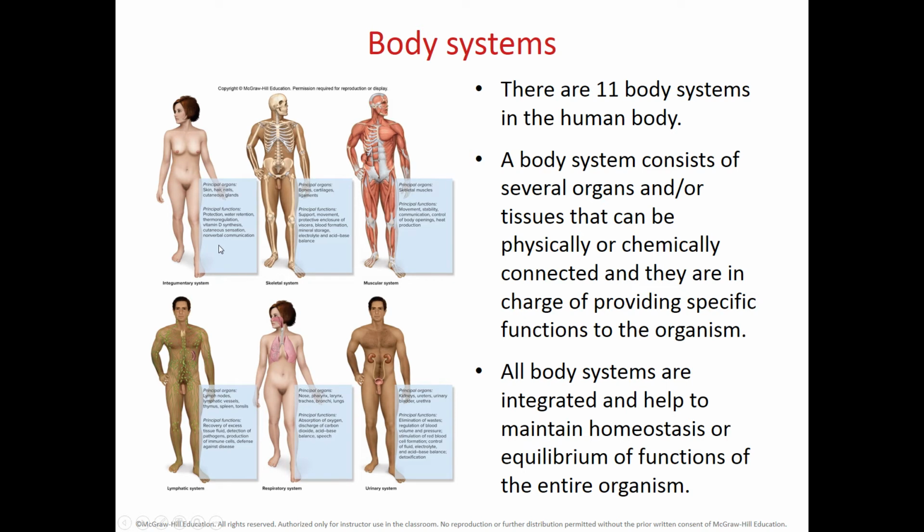The main functions of this integumentary system are to protect our internal organs, to help us retain water so we don't dehydrate, and to regulate our temperature, so thermoregulation is one of the functions. Through this system, we also produce vitamin D, which is important for the absorption of calcium so that our teeth and our bones are healthy because they are made out of calcium.